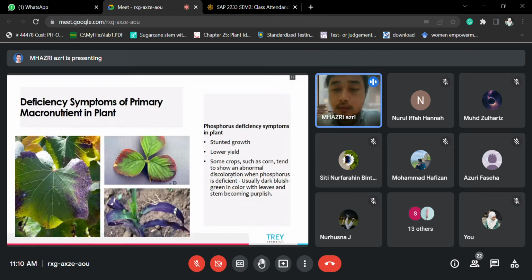The same goes for phosphorus. We know that the primary macronutrients are limiting factors for plant growth.